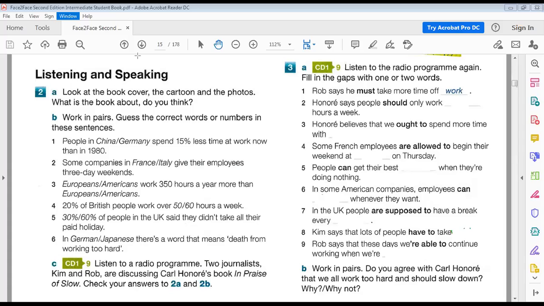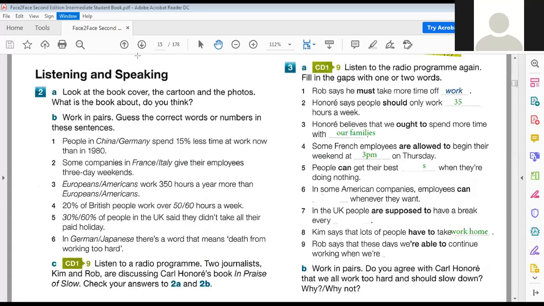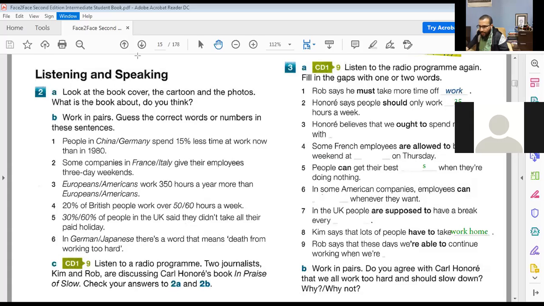Okay, who'd like to make a guess? Maybe this compares the countries, how the people work and how much time they spend in their work. Correct. That's the point, yeah. It compares different countries, their work culture, how much time they spend at work. But let's start with number 1.